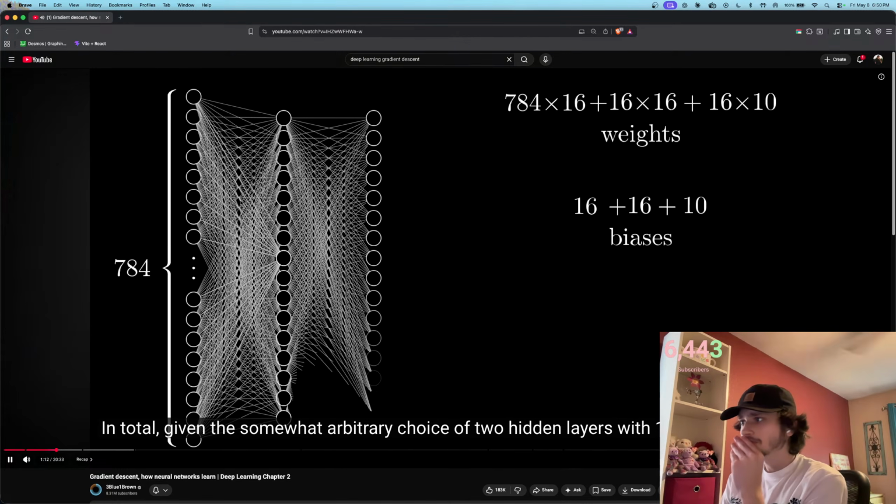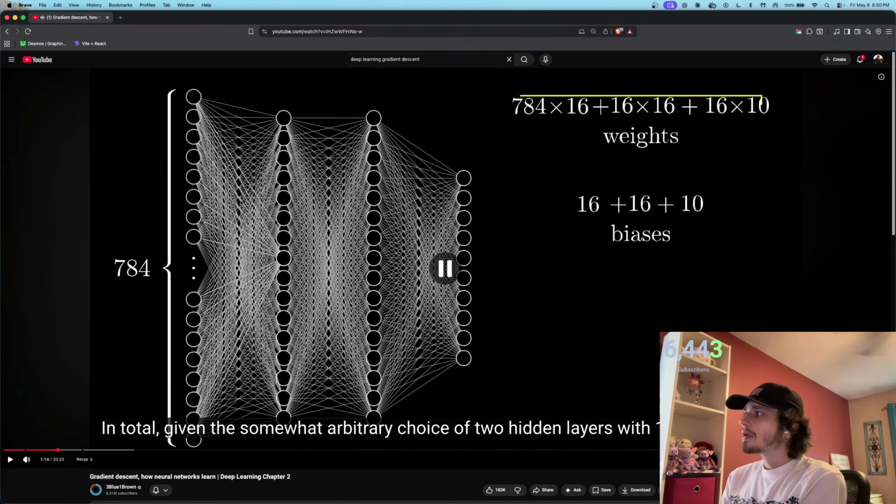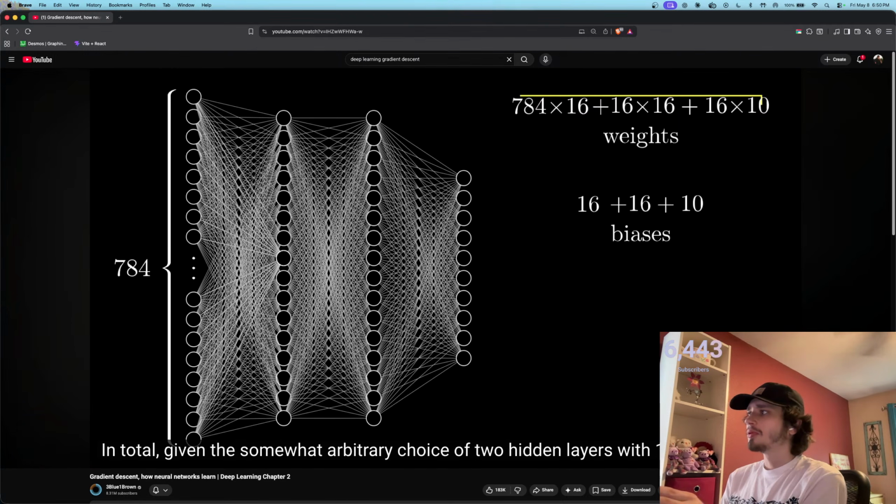Two hidden layers here with 16 neurons each. So we have 784 inputs, 2 hidden layers of 16 neurons each, plus 10 for the output.